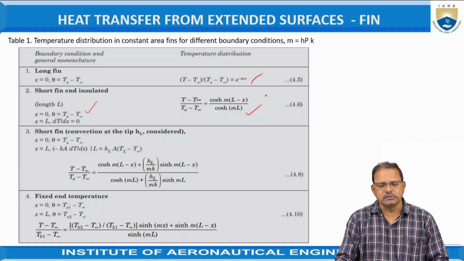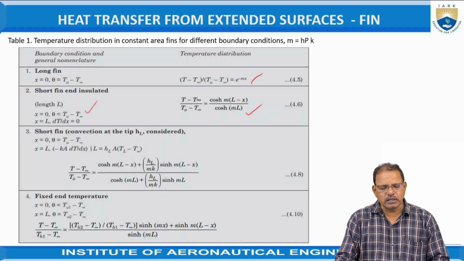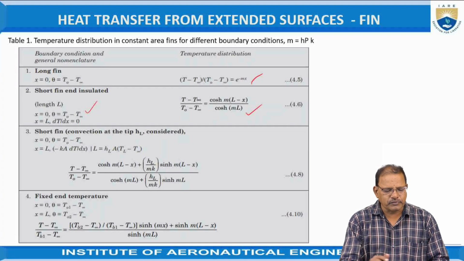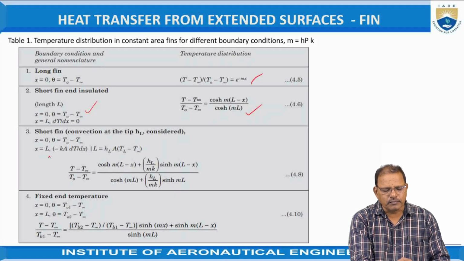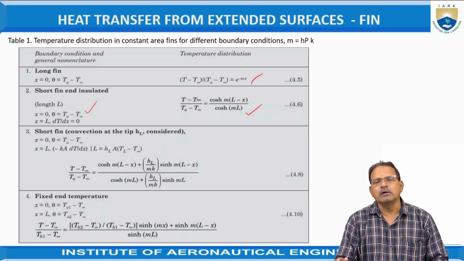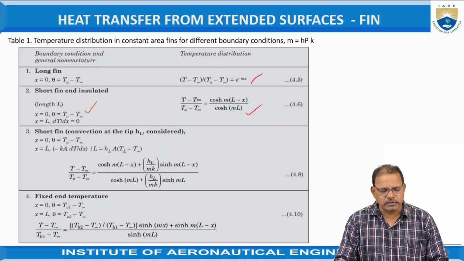For the short fin with convection at the tip, h_L is considered. At x is equal to 0, theta is equal to T0 minus T∞. At x is equal to L, minus of KAc dT/dx is equal to the amount of heat energy dissipated by the convection process, that is h_L A (T_L minus T∞).